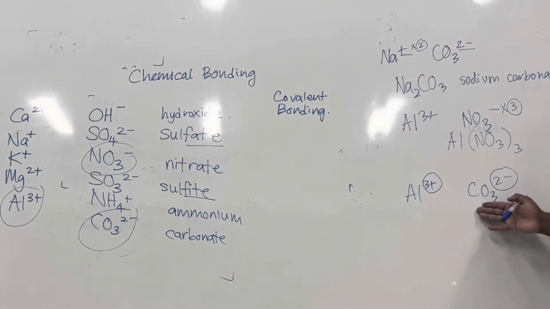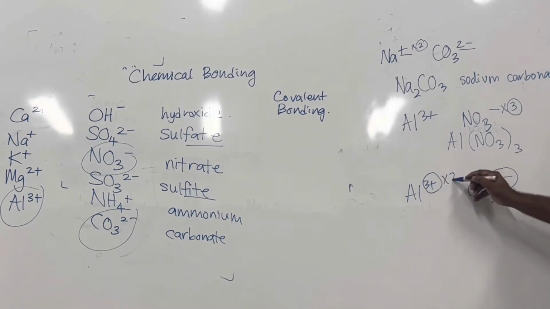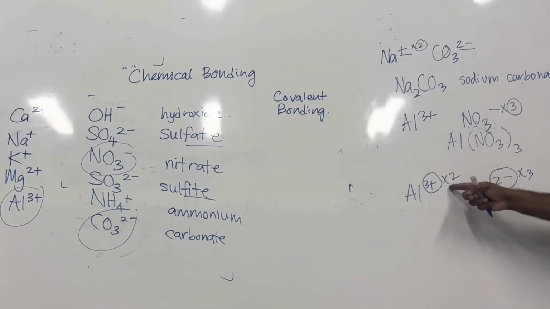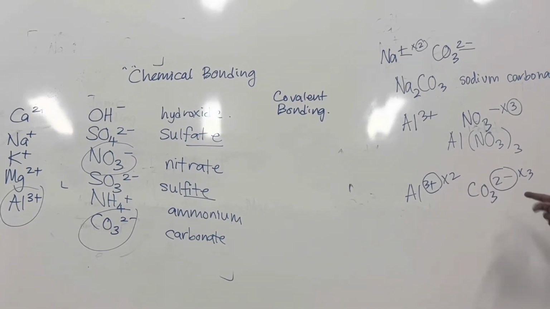Okay, let's look at this 3 and 2. So times 2, times 3. If you want to crisscross, also can. So you are going to get 6 and -6.